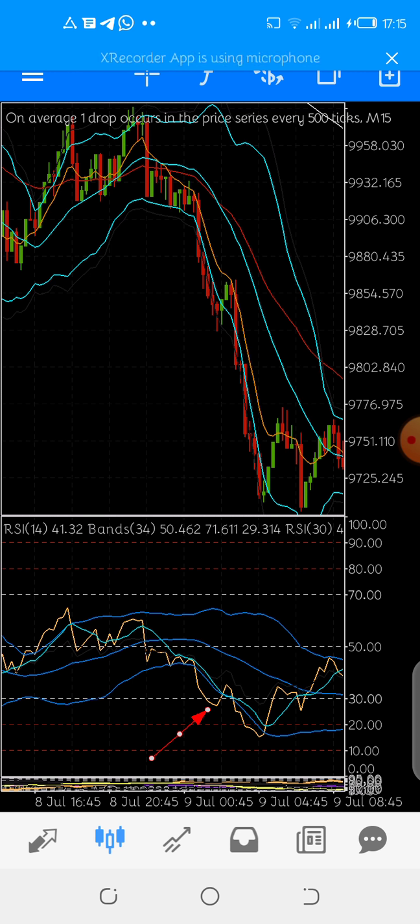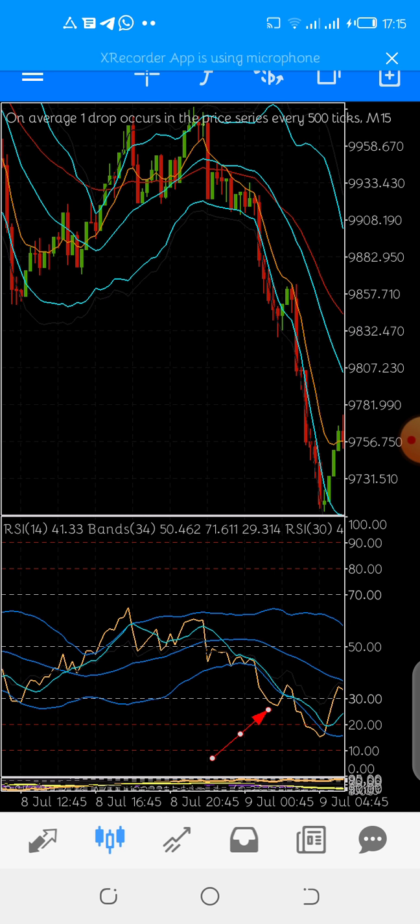Okay, the blue Bollinger Bands show us the volatility of the market, and especially it will show you roughly how many players are in the market.